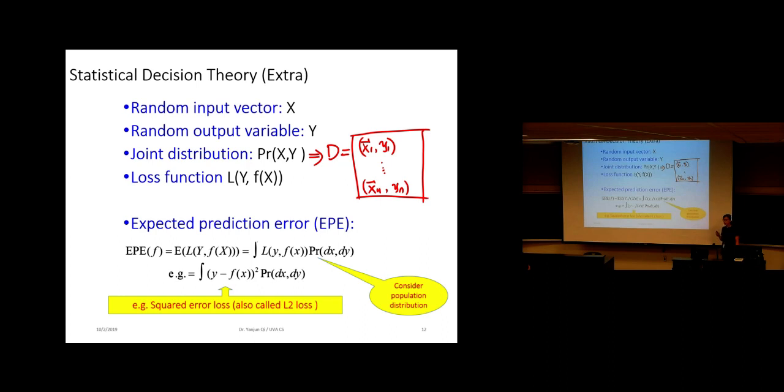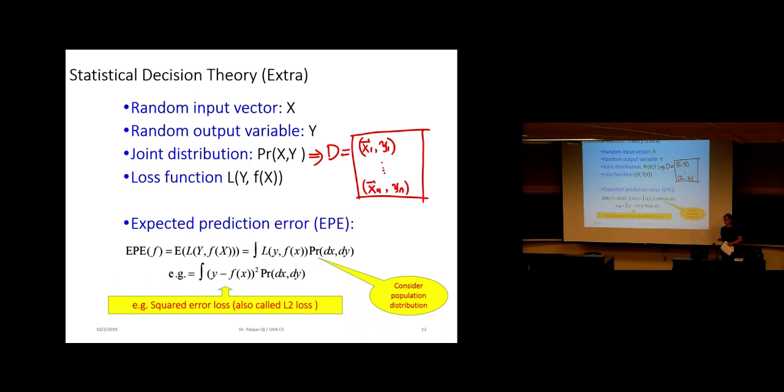This is called expected prediction error, and this is the generalization error if that's the loss that you care about. So maybe I care about L2 loss, and this is the generalization error of the L2 loss.